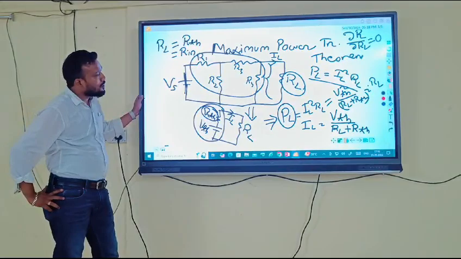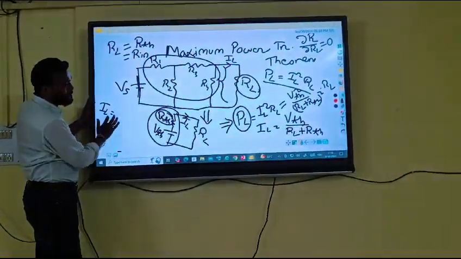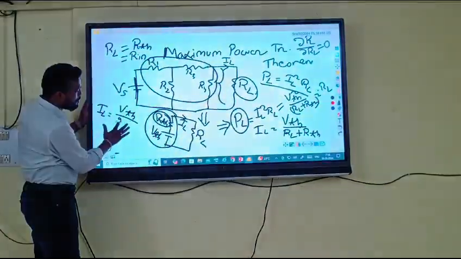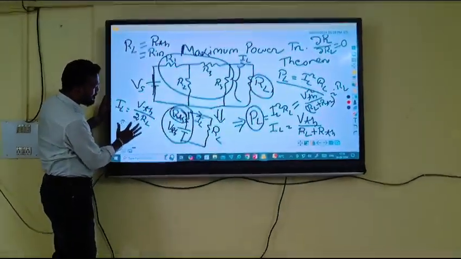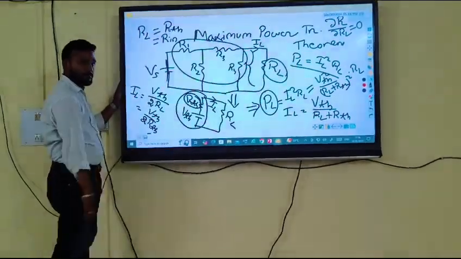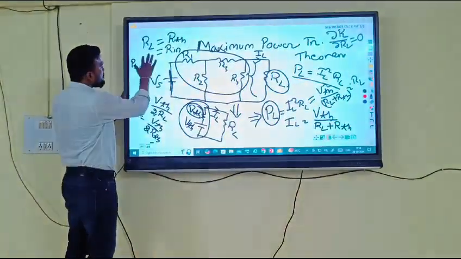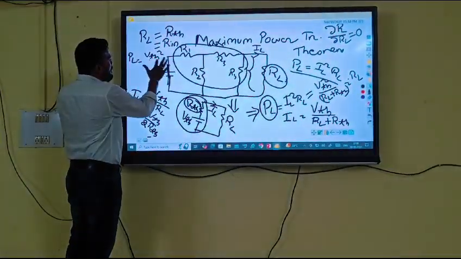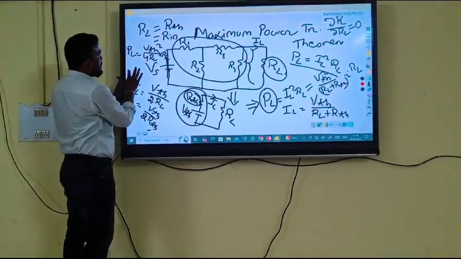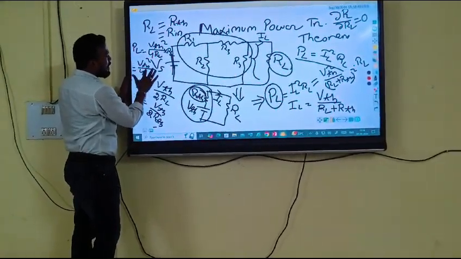And when RL equals RTH, we can write IL equals VTH divided by 2 RL, or VTH equals 2 RTH. Then the power will be PL equals VTH square by 4 RL times RL, that equals VTH square by 4 RL.